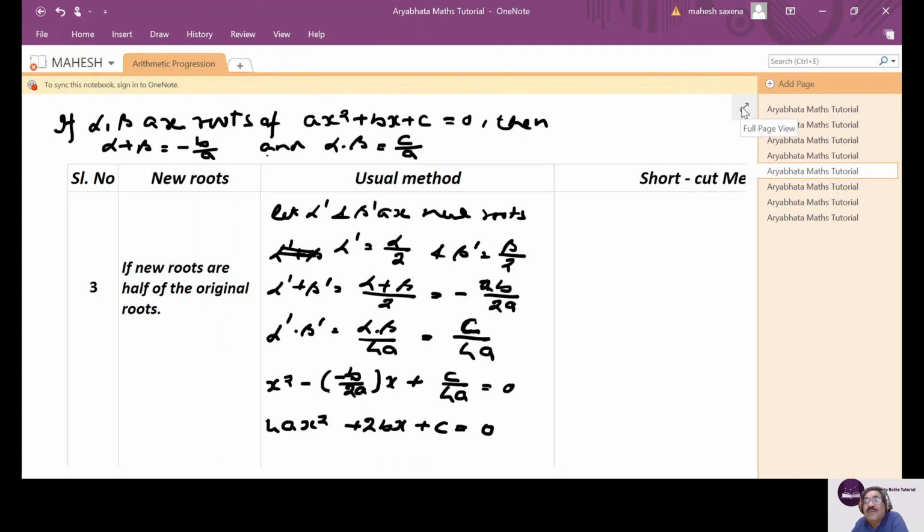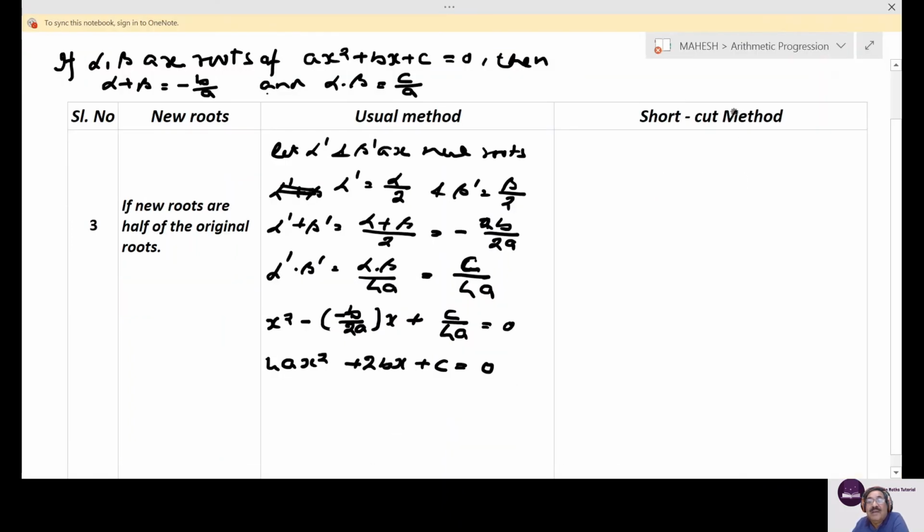Suppose we have to form the equation by the shortcut method. Since the new roots are half of the original roots, assume that capital X is equal to small x by 2, which implies that small x is equal to 2X. Now put small x is equal to 2X in the original equation, ax square plus bx plus c is equal to 0.